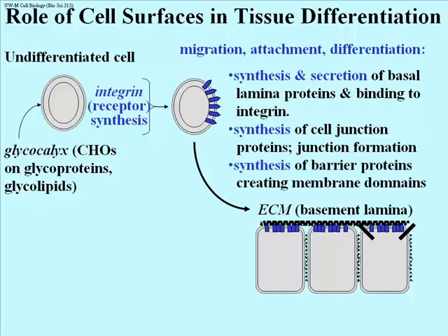Barrier proteins might be synthesized at some point during this process to keep the junction proteins on the sides of the cell, of these epithelial cells, and the glycocalyx proteins that will interact to form an ECM on the upper surface in this case.